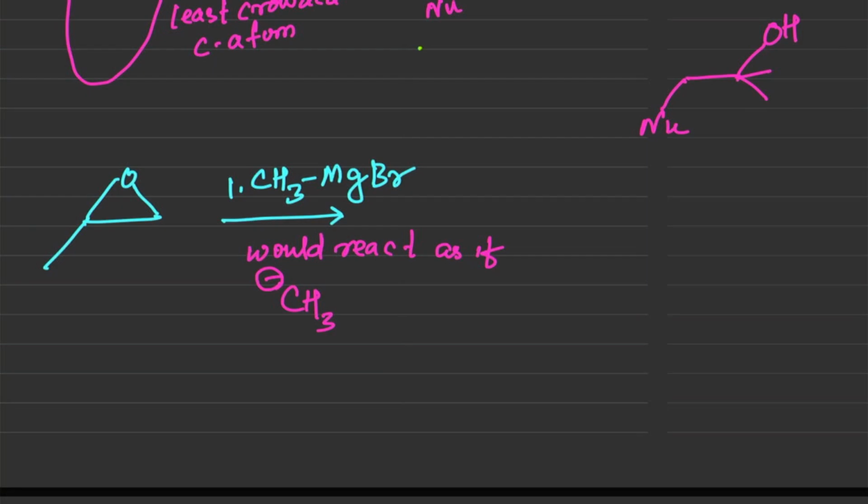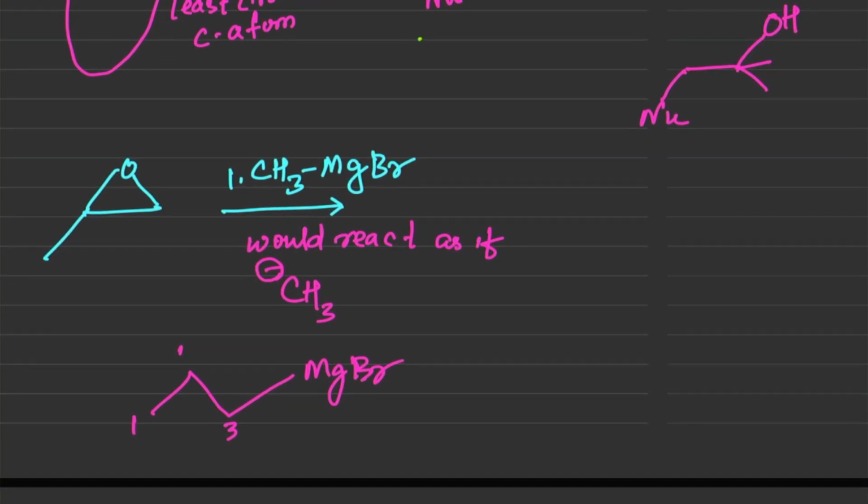So if you have something like this, MgBr, then you have a situation where you have 1, 2, 3. You're going to have a negative charge on this carbon atom. So just keep in mind, the negative charge is going to be on the carbon atom connected to magnesium. That's the organometallic compounds.